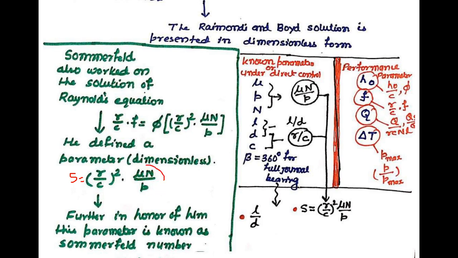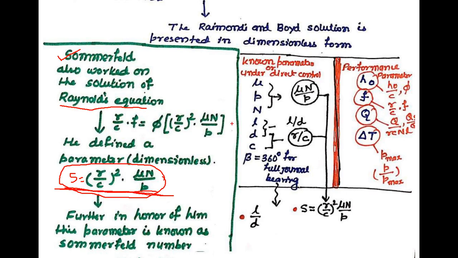Always remember that the Sommerfeld number is a very important parameter in the design of journal bearings. Sommerfeld worked a lot on the solution of the Reynolds equation, but the most acceptable solution is given by Raimondi and Boyd, who also use the procedure given by Sommerfeld, so they also use the Sommerfeld number.